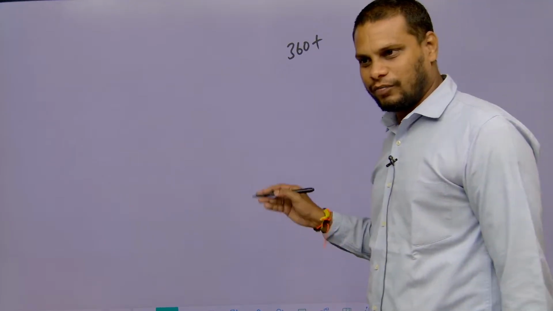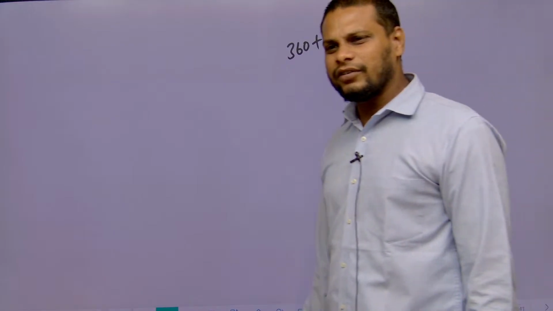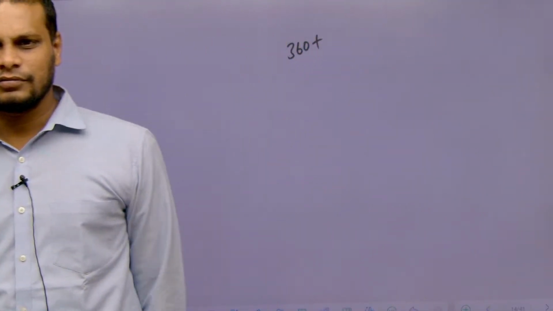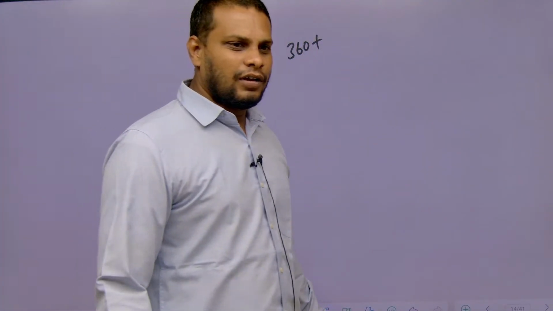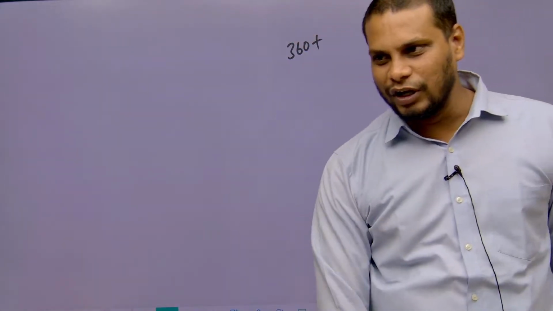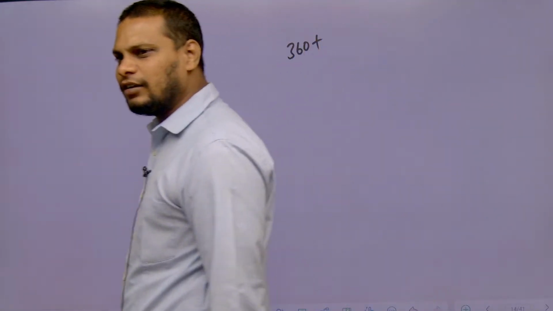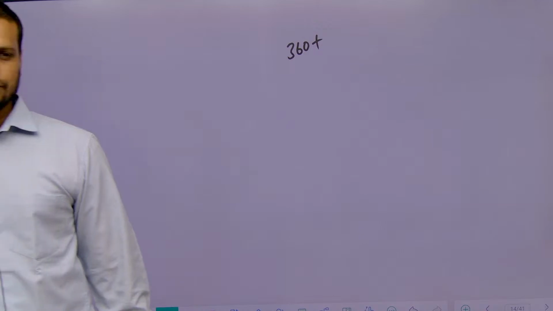Okay, one more person I spoke. Fine, what does it mean? 360 plus. What does 360 plus mean? 360 above, maybe 370 below. If it is 370 above, what will he tell? 370 plus.